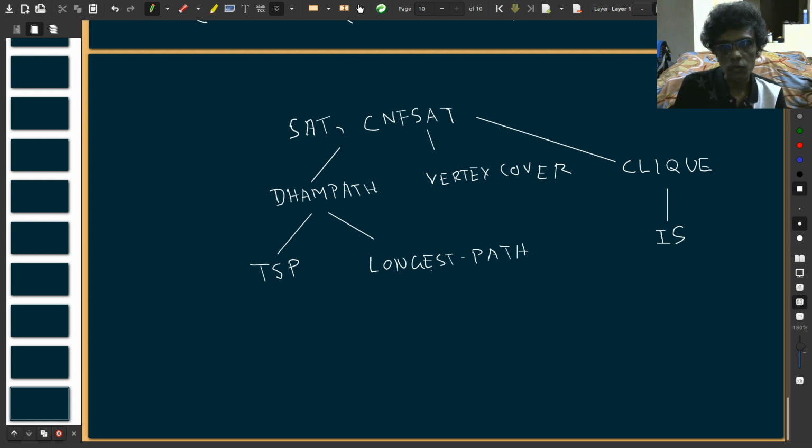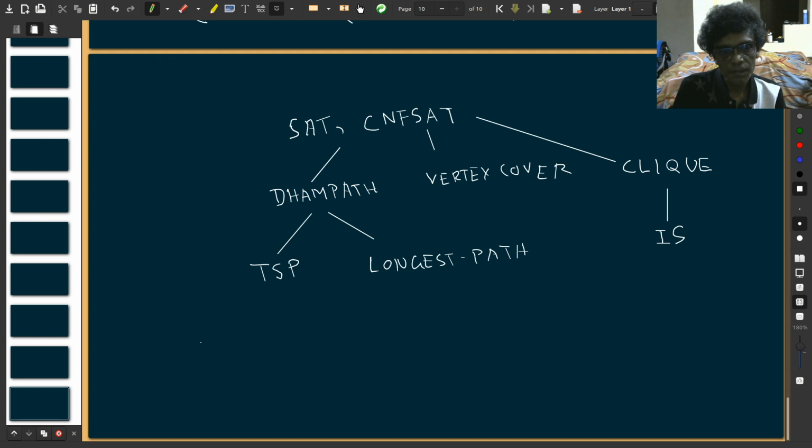You may have to make much more complicated reductions like this, and so on. Even if you start at a larger level, maybe from longest path you are converting to your new problem, but that proof itself need not be very easy.